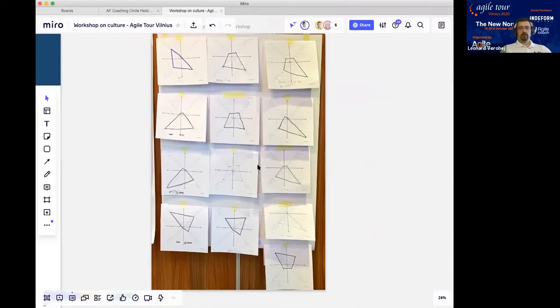Different groups of people have answered this, and we can see several similar graphs, and then a different set of also similar graphs. So maybe management versus other people.